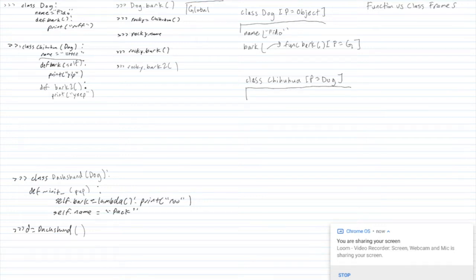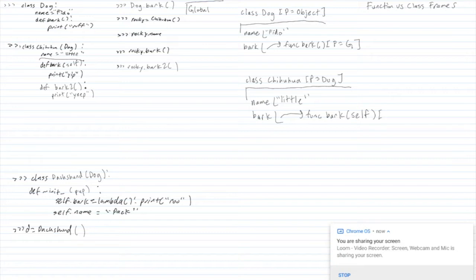And we have the class variable name, and the method, which is an instance method as we have a parameter specified. That points to the instance method bark, which takes in an argument of self.